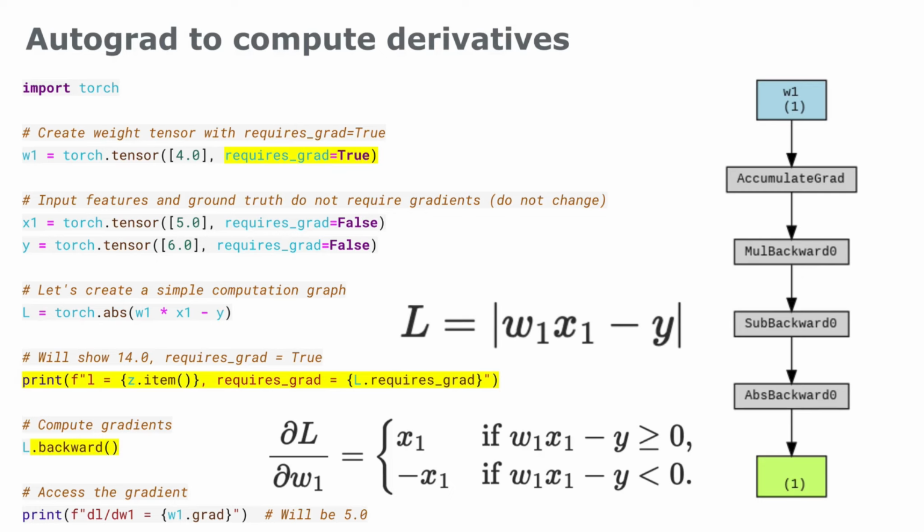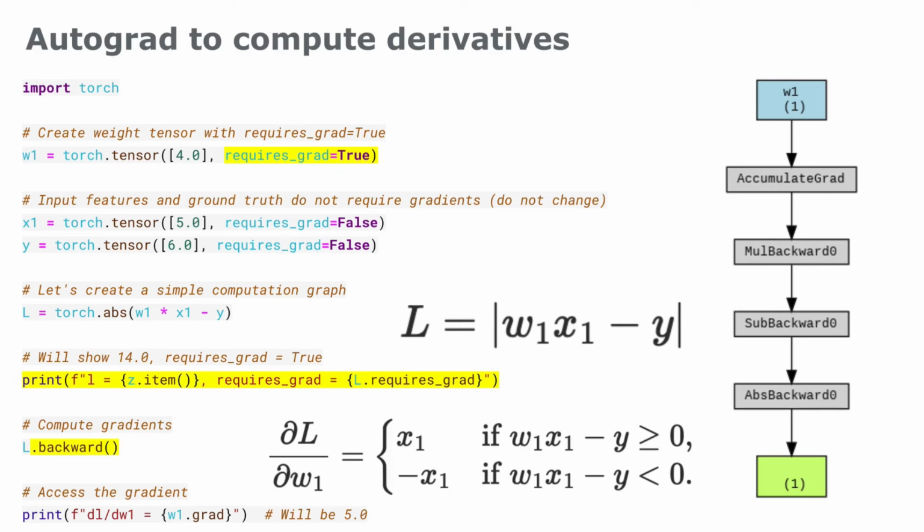We're only going to be updating the weights of the model. We also have requires_grad=False for y = torch.tensor(6.0). This is also not tracked for the gradient because it does not need to be adjusted during training. This is the target value that we're trying to predict.